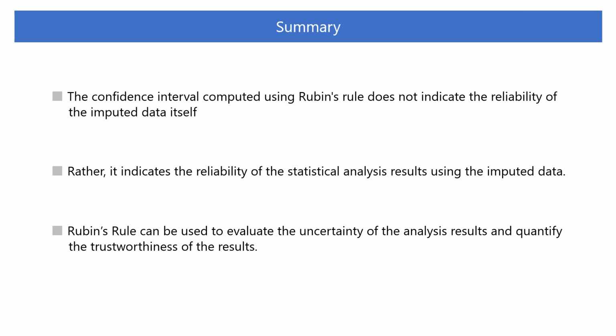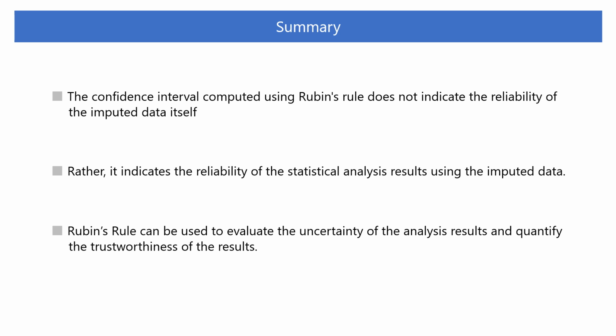The confidence interval computed using Rubin's rule does not indicate the reliability of the imputed data itself, but rather the reliability of the statistical analysis results using the imputed data. The imputed data itself contains uncertainty.